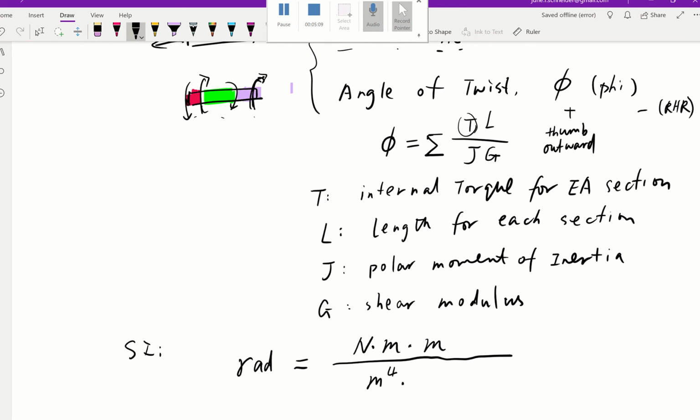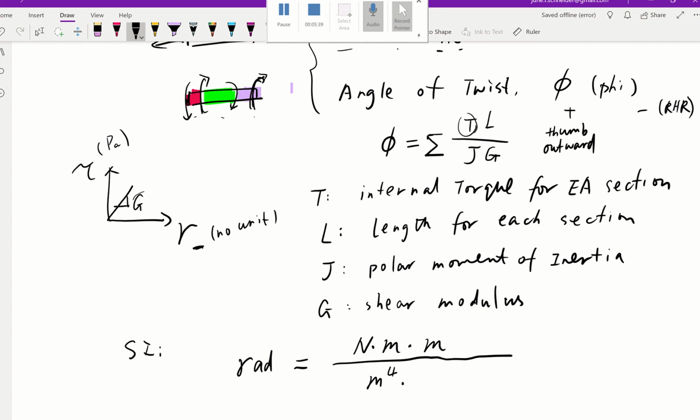And G, shear modulus. Remember you have the stress-strain curve in the elastic region. If this is shear, we have tau over gamma, where gamma is our shear strain, and this is going to be our G. Shear stress is Pascal, and shear strain has no unit.